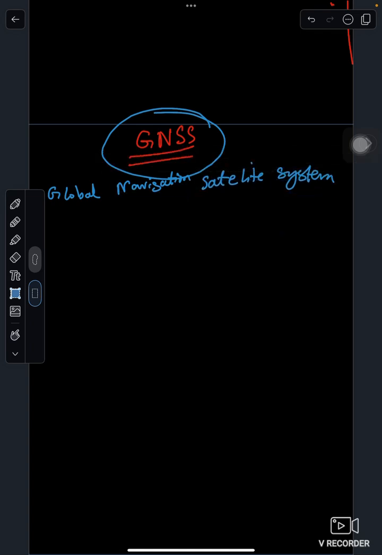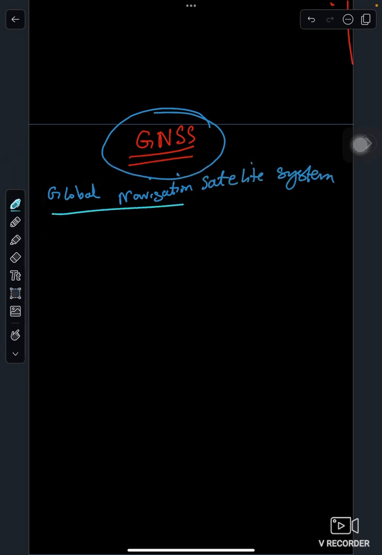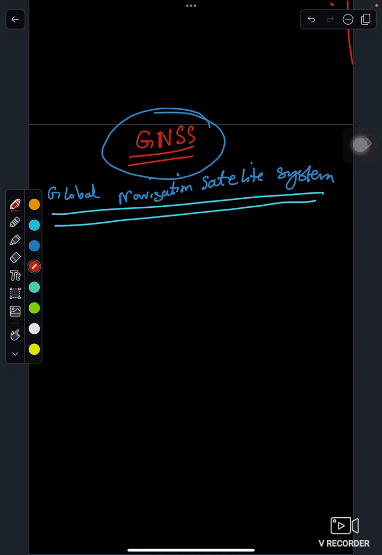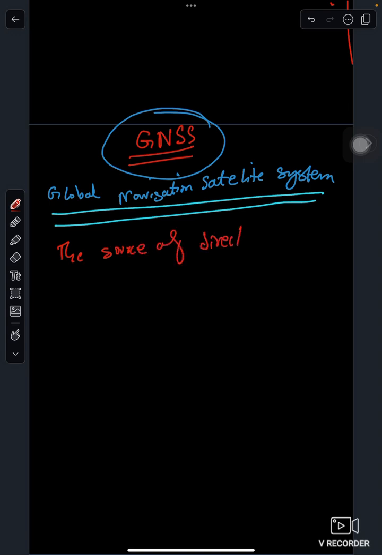So, what is Global Navigation Satellite System? It is the source of direction for travelers, right?